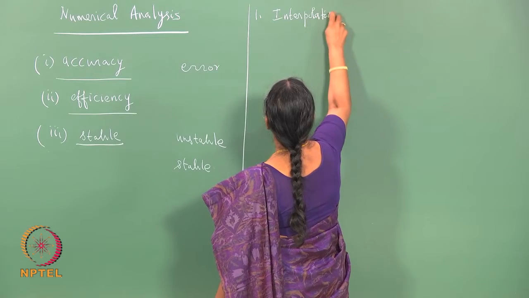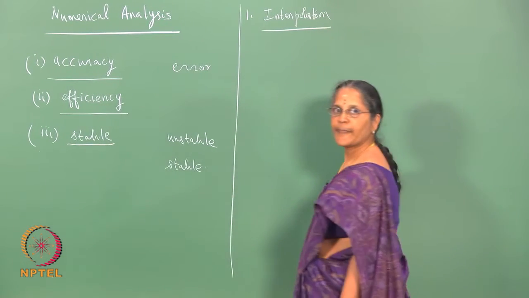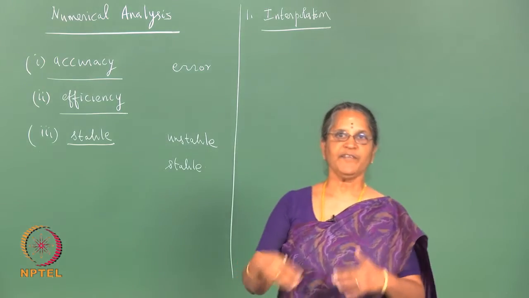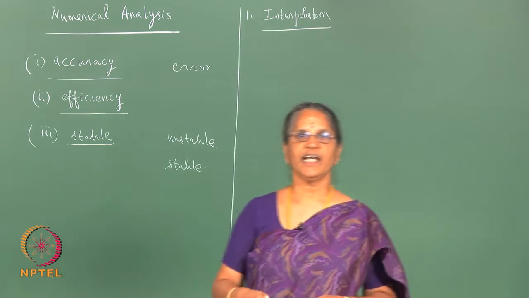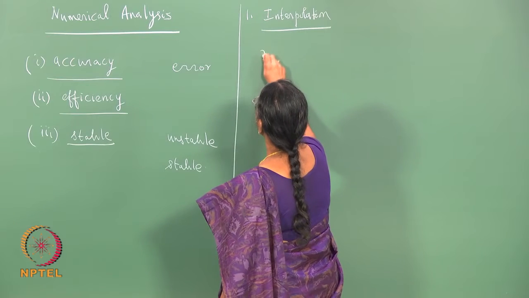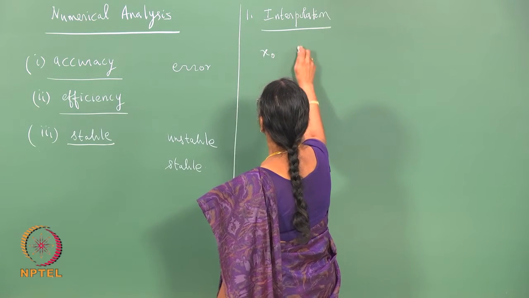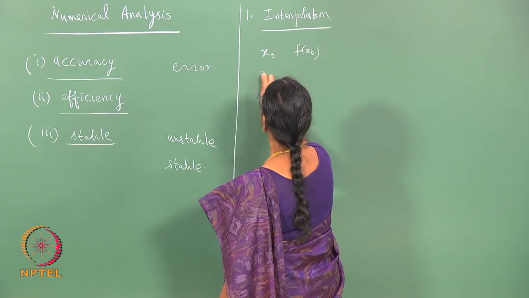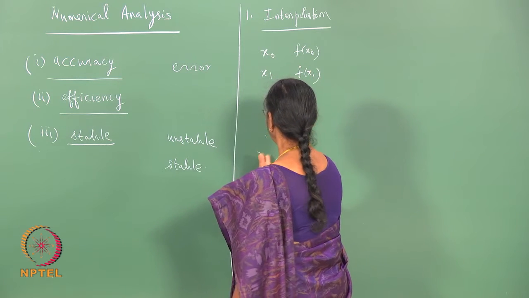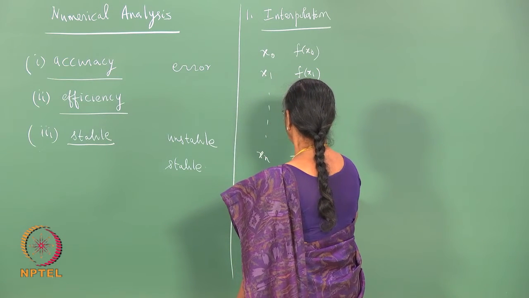So, let us see what is interpolation. Suppose say you have some information about a function at a set of say n plus 1 points, namely x0, f of x0, x1, f of x1 and so on, xn, f of xn.